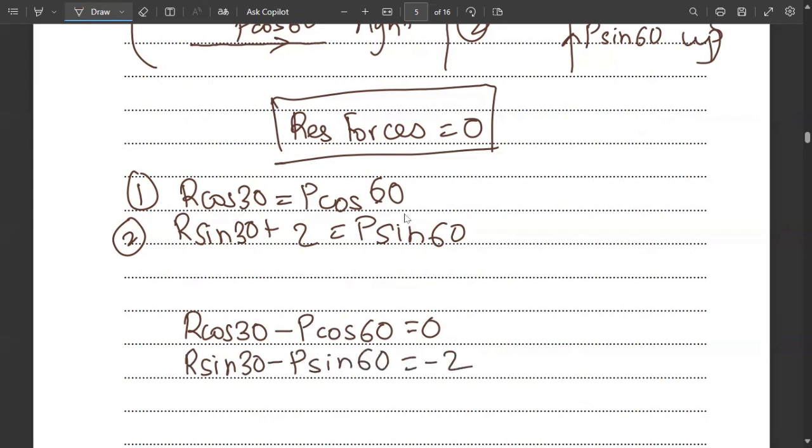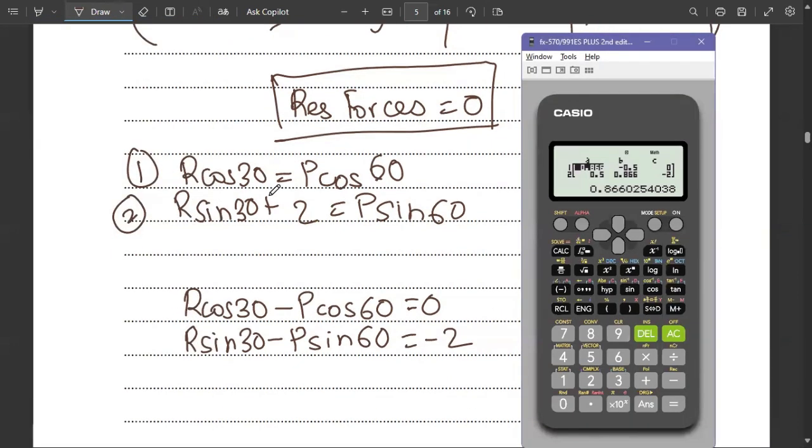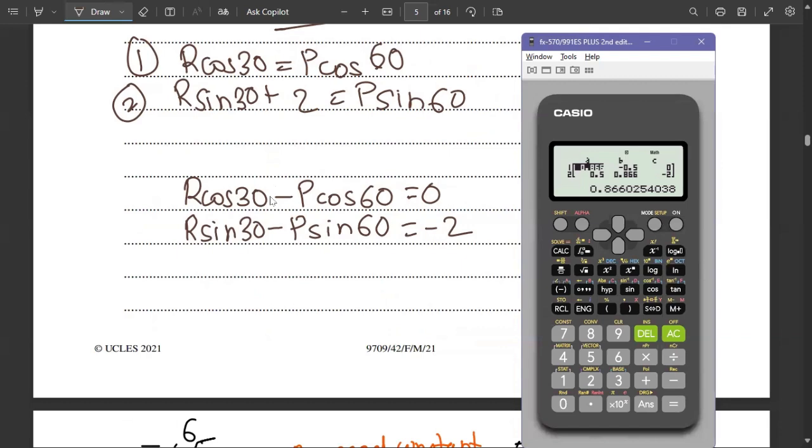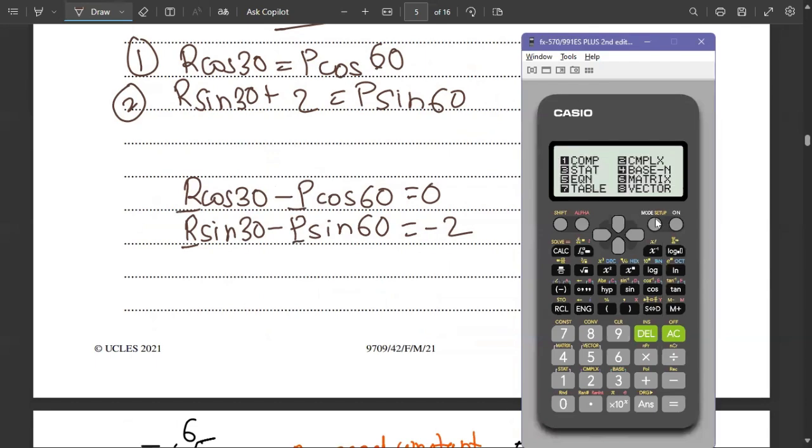Now let me bring out my calculator, because this is a simultaneous equation where R and P are two variables. If I click mode, then 1, the first option is ax plus by plus c, which is technically a simultaneous equation.